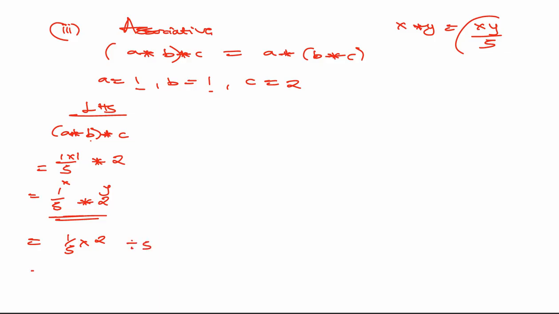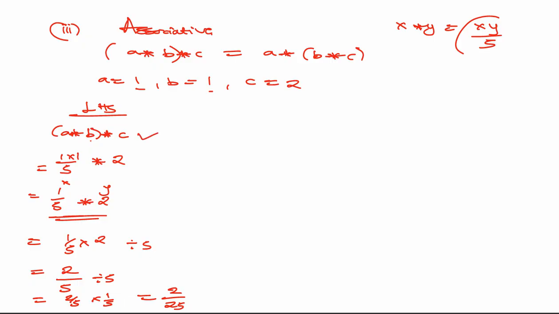So we get 2 over 5, and we divide by 5. Dividing by 5 is the same as having 2 over 5 multiplied by 1 over 5, which gives us 2 over 25. Now after understanding this, we have the left hand side.